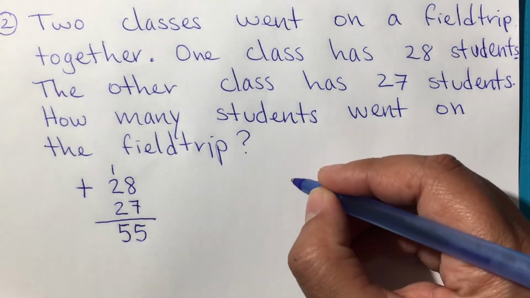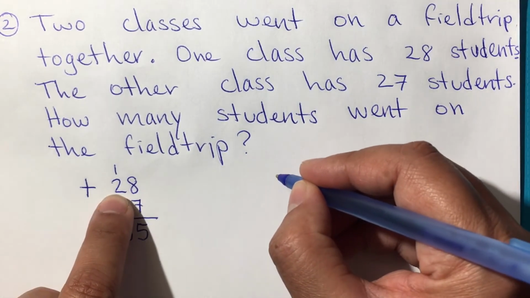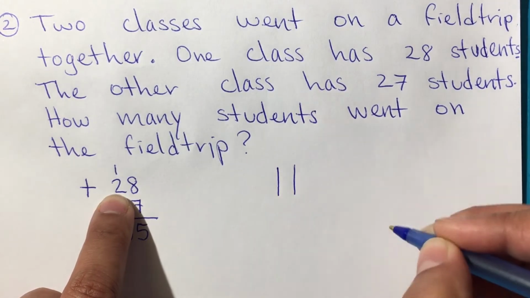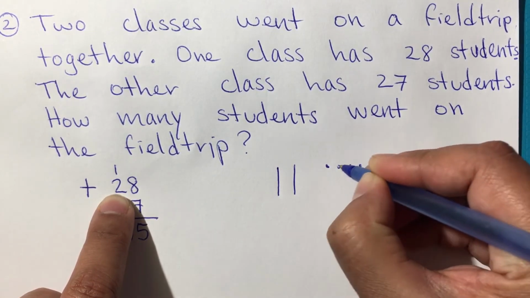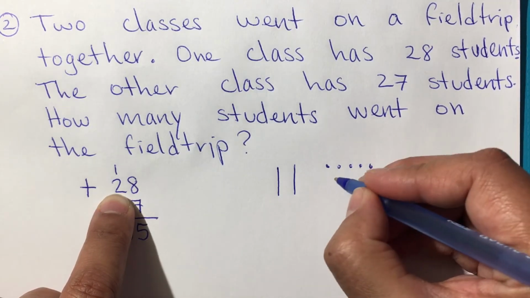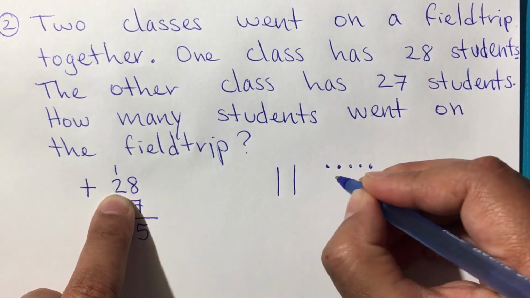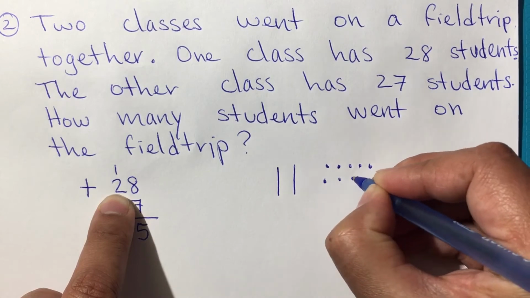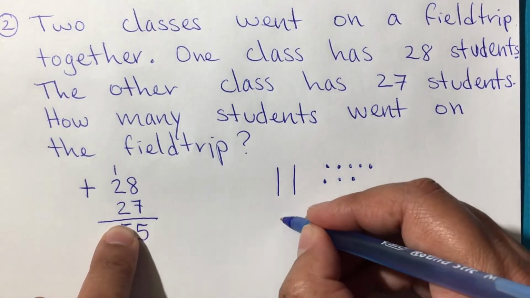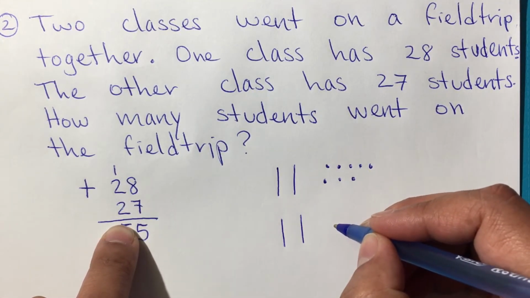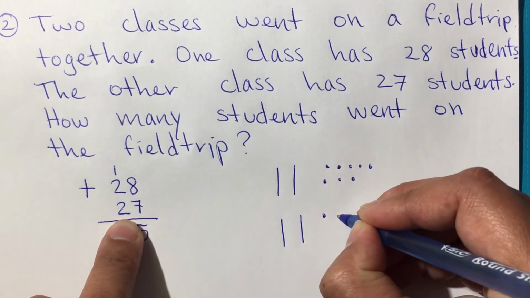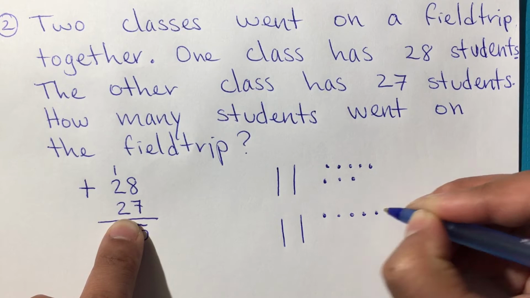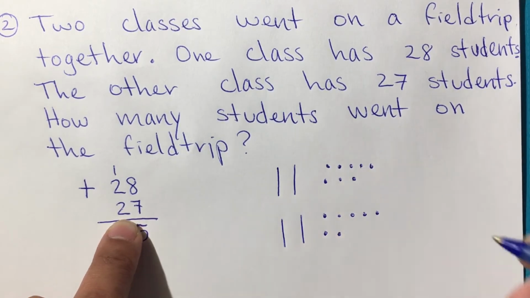Okay, for those who need to have it more concrete, 28 students: 20, and 1, 2, 3, 4, 5. Notice how I put 5 dots and then the rest on the bottom. So 5, 6, 7, 8. 27: 1, 2, that's 2 tens. That means 10, 20, 21, 22, 23, 24, 25, 26, 27.